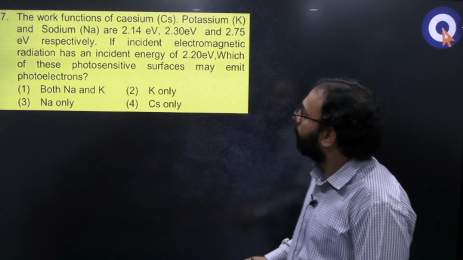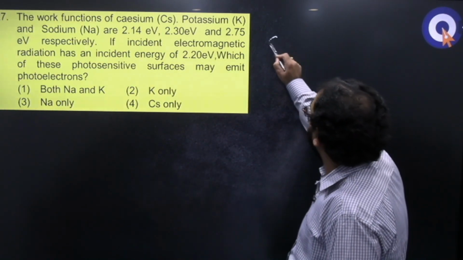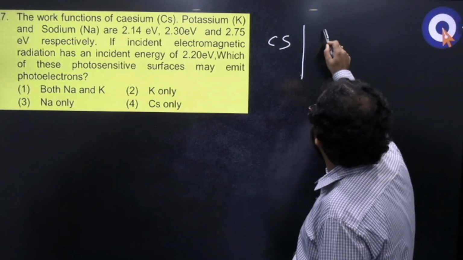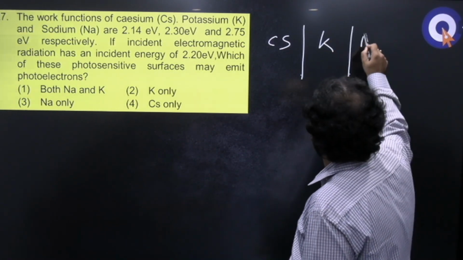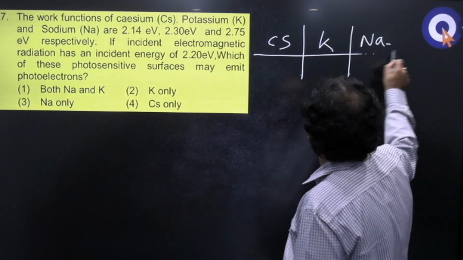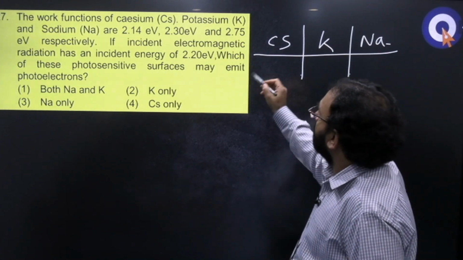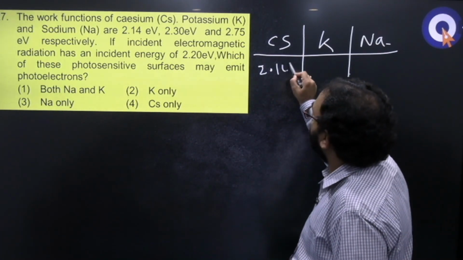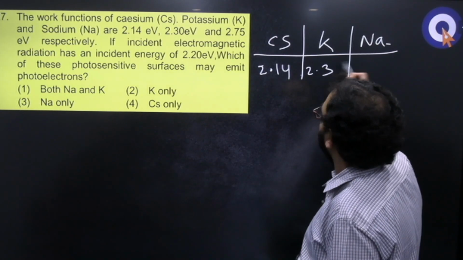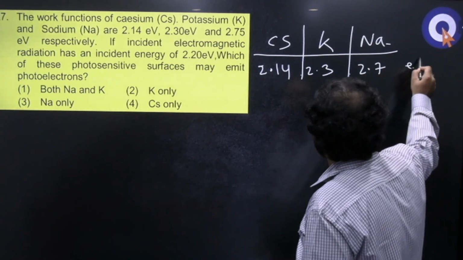Let us see the next one. Work function for cesium metal, for potassium, for sodium. The work functions given are 2.14, 2.3, 2.7, all in electron volts.